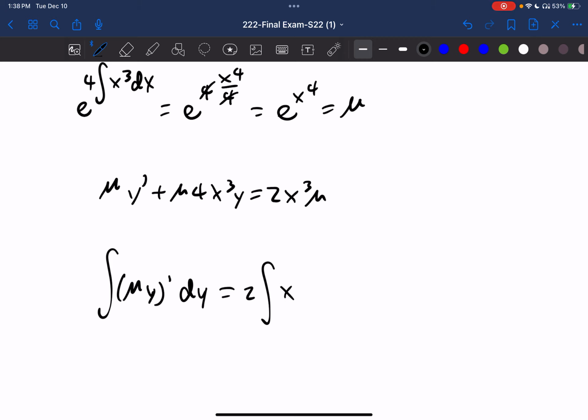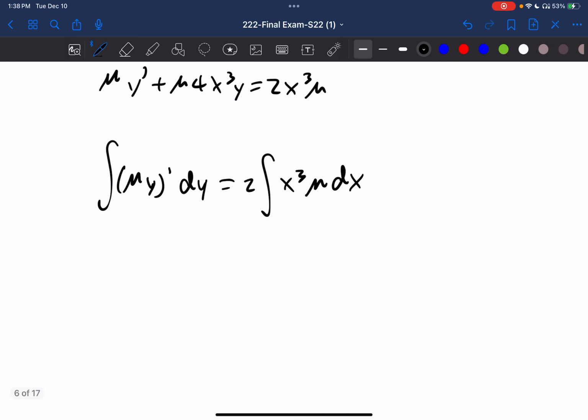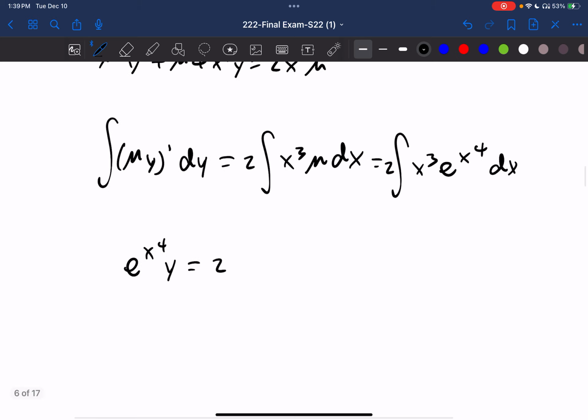Integral of x to the third power times mu dx. The integral of a derivative is just whatever is on the inside. In this case, it'll be mu times y. And remember, mu is equal to e to the x to the fourth power, times y will be equal to 2 times the integral of x to the third power times e to the x to the fourth power dx.